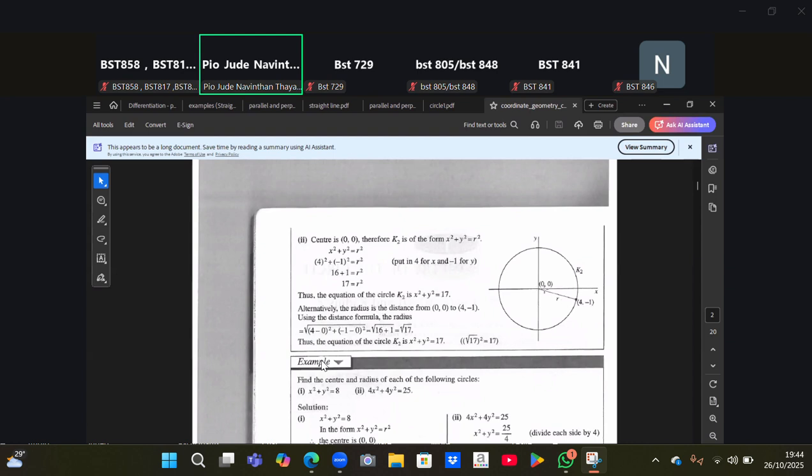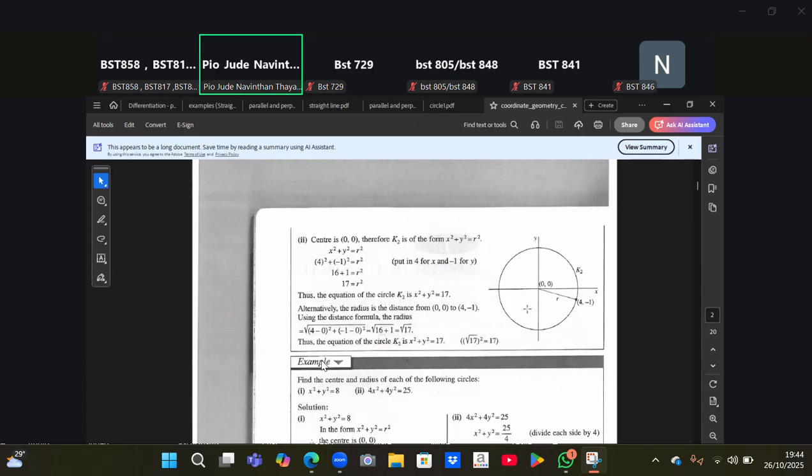Now you can see there are two points, and we need this r. If you find r, then you can write the equation. From 0 comma 0, the circle general format is x square plus y square is equal to r square, but we don't know r.